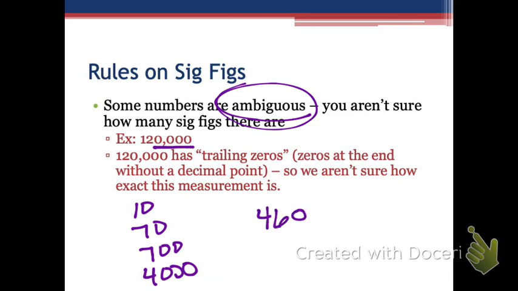Anything that's got a zero at the end with no decimal place is considered ambiguous. So if I were to ask you to identify how many significant figures are in that number, you wouldn't even need to take a guess. You would just tell me it is ambiguous. You can abbreviate it just like that. Okay, so zeros at the end with no decimal place would be considered ambiguous.